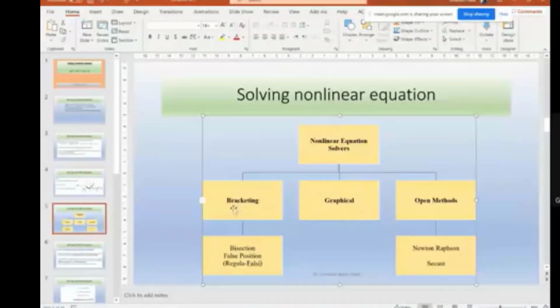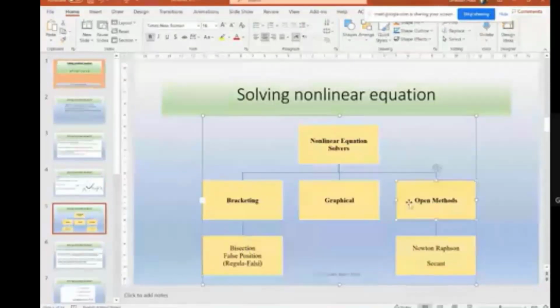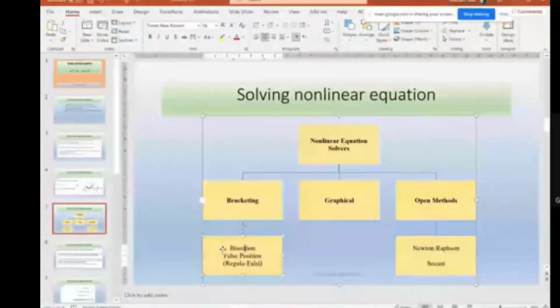And we have bracketing methods. We will take the bisection method. And we have open methods. We will take Newton-Raphson methods. We will start with the bisection method.